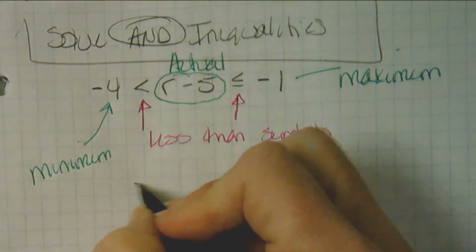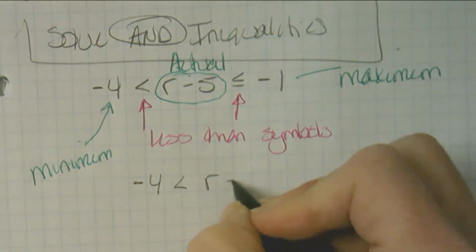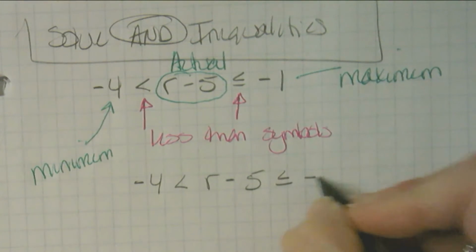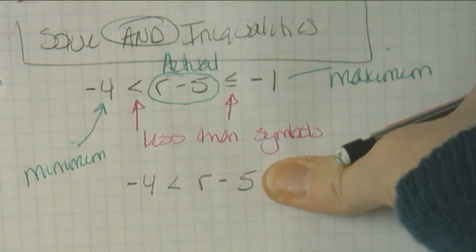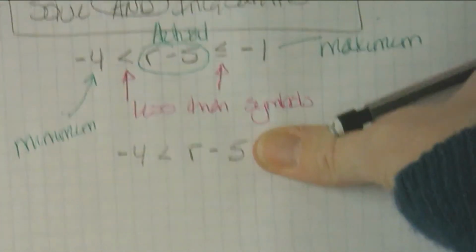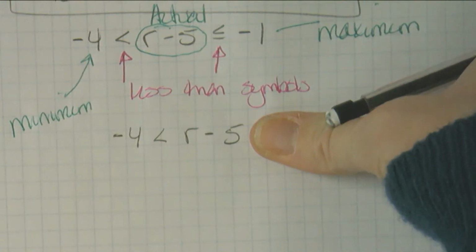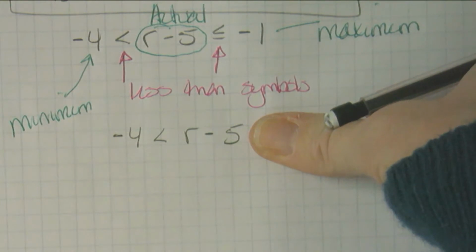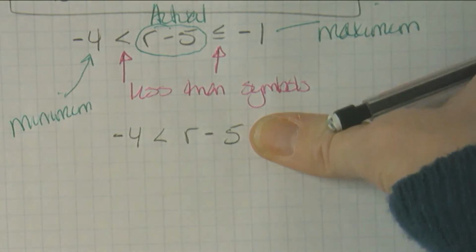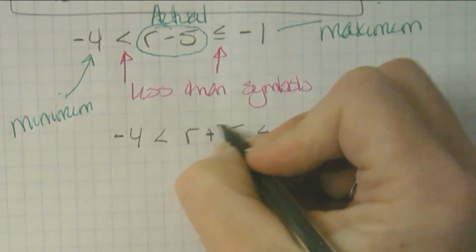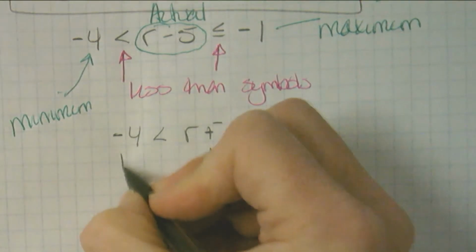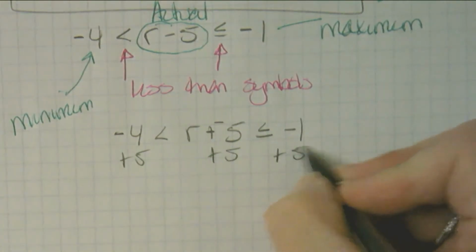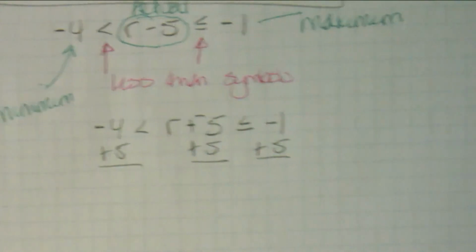To solve this, we would solve this the same way we would if this was a single inequality. So if I blocked off that right side, how would you solve this inequality, Jacob? Yeah, I'm going to do the opposite there. Whatever that math is, I'm going to do it to all three sides.